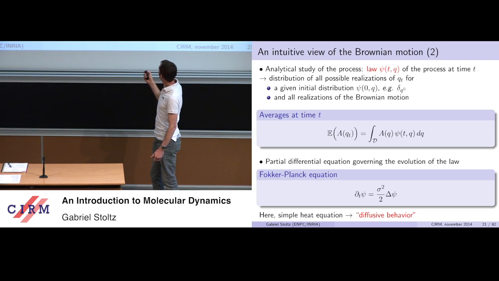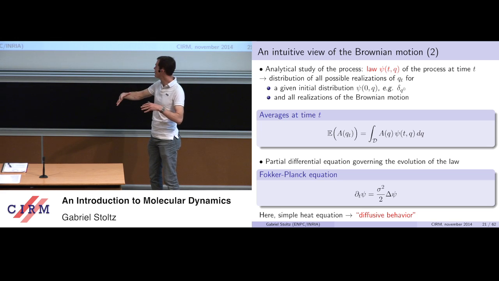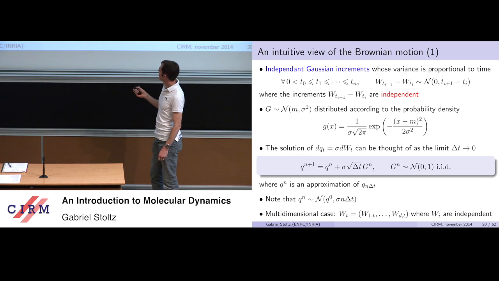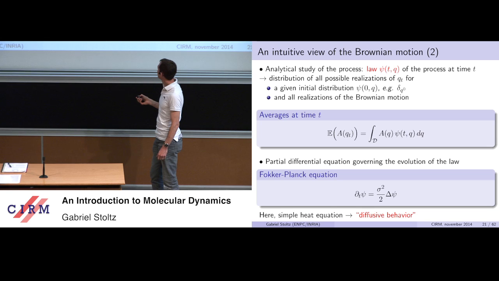And this probability distribution at time t evolves according to the Fokker-Planck equation. I will prove that in the next slide. So from that you see that indeed you've got some diffusive behavior, and if you consider the histogram of ending positions, it's something which diffuses in time. And that's why people talk about those SDEs as being diffusion equations.